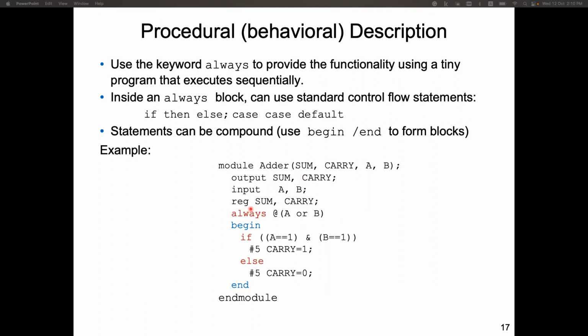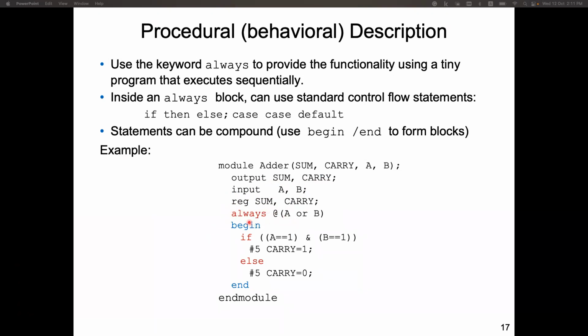Now, for user variables, this time I need to declare the sum and carrier as register variables. We'll go into the details later. Anyway, sum and carrier are variables. Now I start with a procedural line-by-line statement.